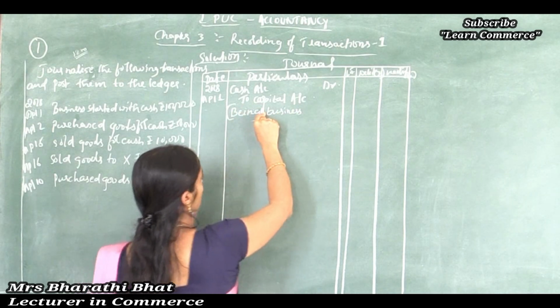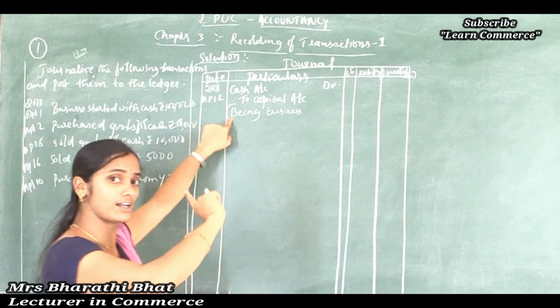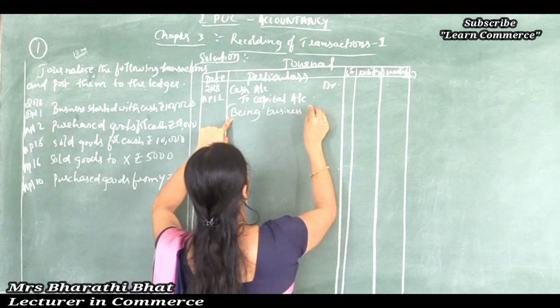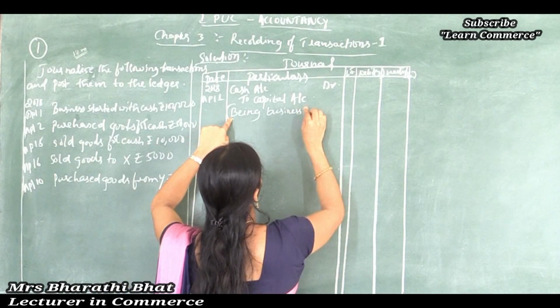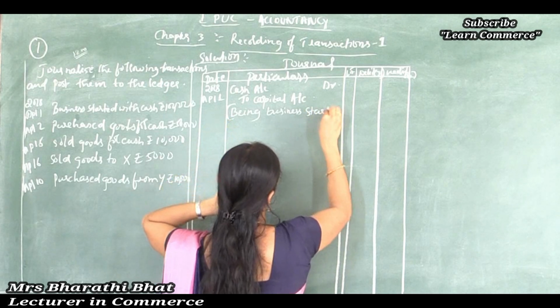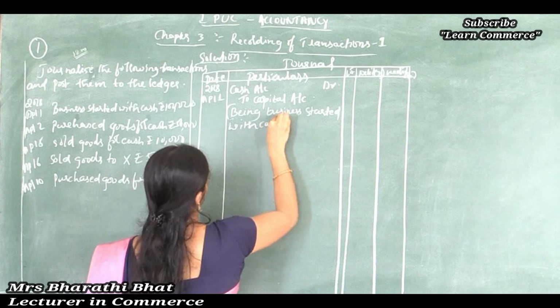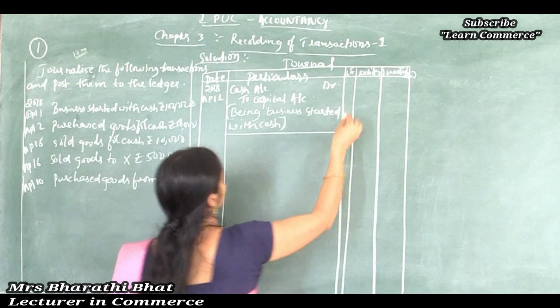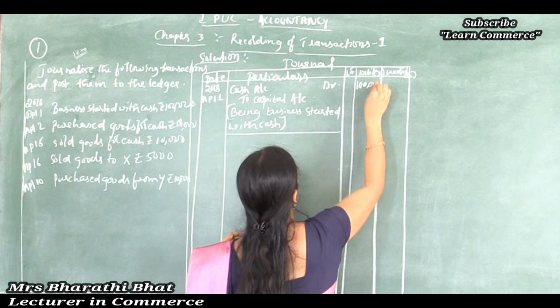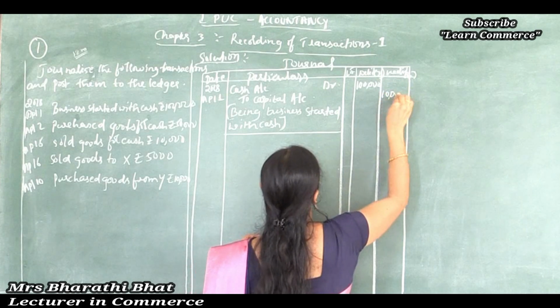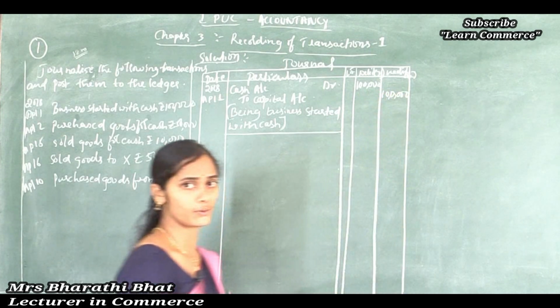Follow this rule when recording the journal also. Being, business started with the cash. Close this. 1 lakh and 1 lakh.